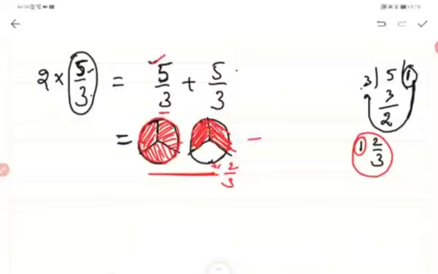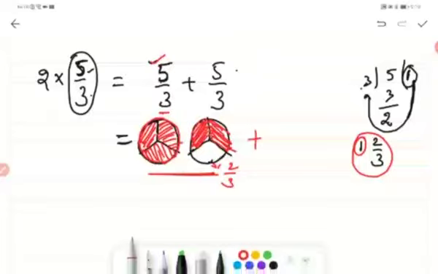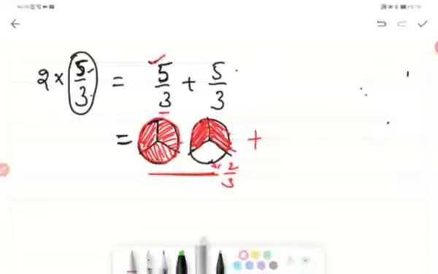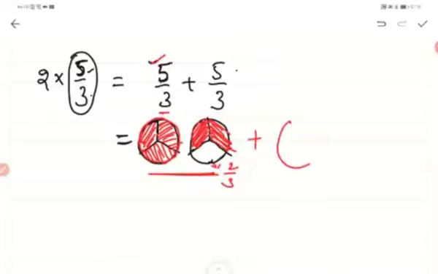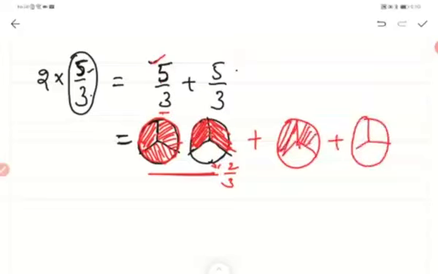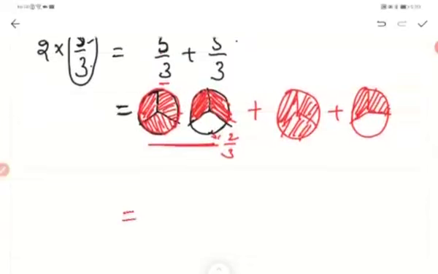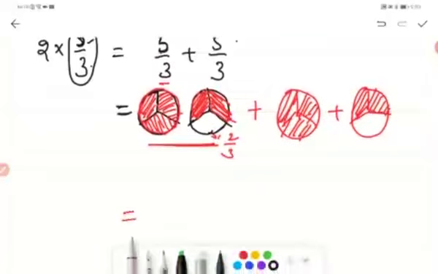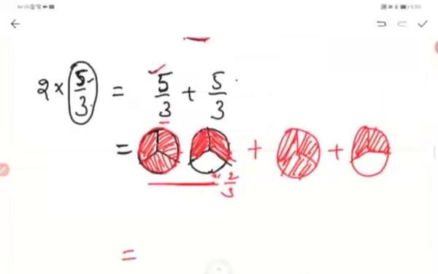So now you will add the same regions like this. This is fully used and this is used only 2 parts. So this whole circle, and here only 2 parts are used. Now what will be your output? We know that 2 into 5 by 3 is how much?